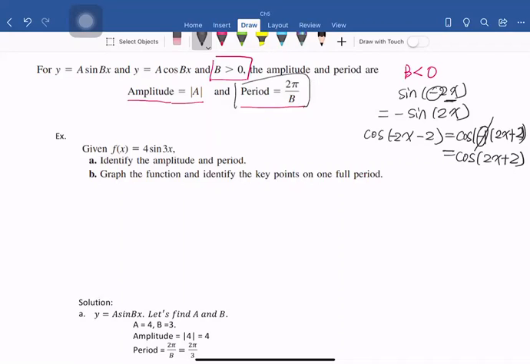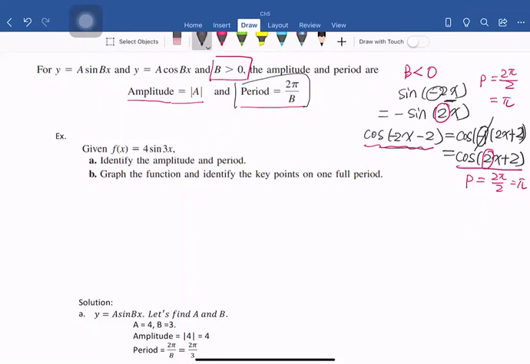In these two examples, the new b is 2. So the period 2 pi over 2 is pi. And for this one, we convert it to the new function. The b here is 2, the period is 2 pi over 2, that's pi.